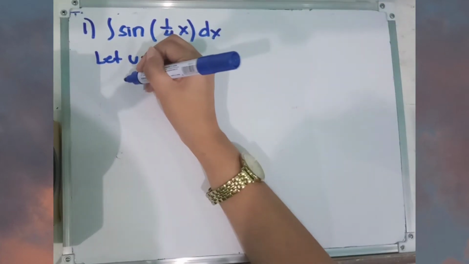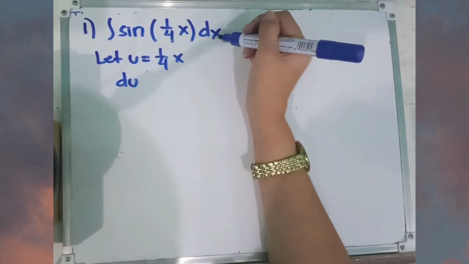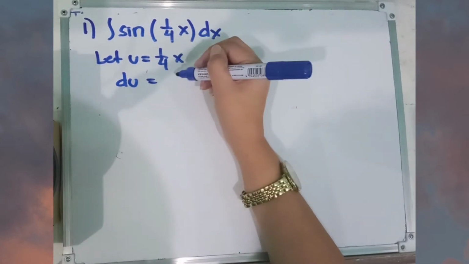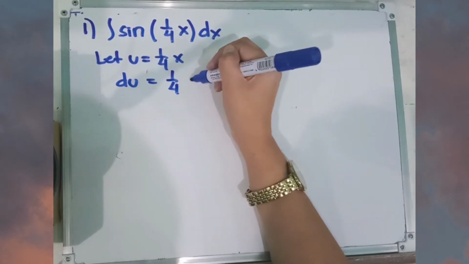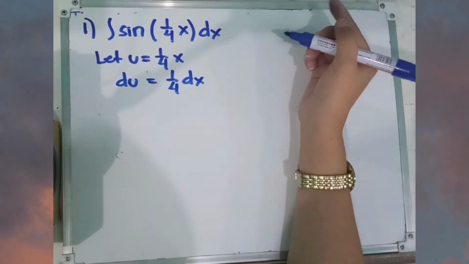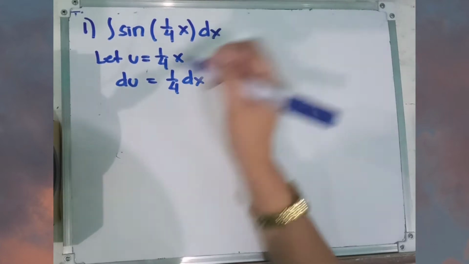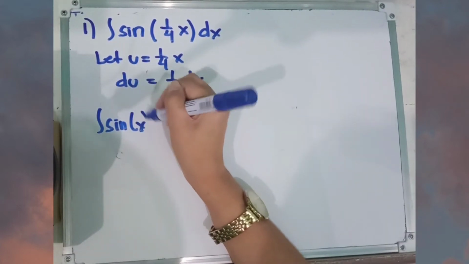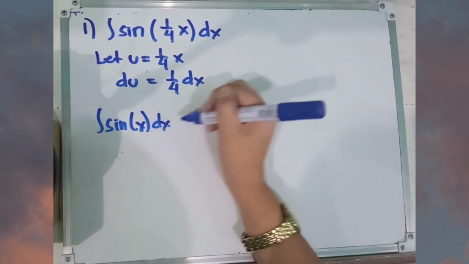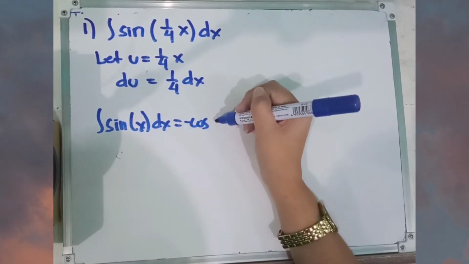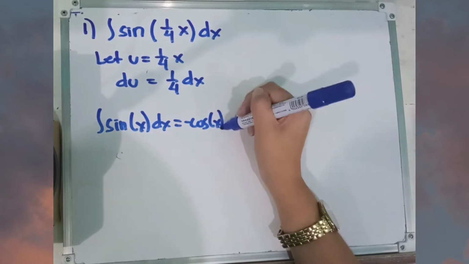And of course, du over dx, the derivative of 1/4 x, is simply 1/4 dx. Now, if you recall from earlier, the integral of sine x dx is negative cosine x plus c.